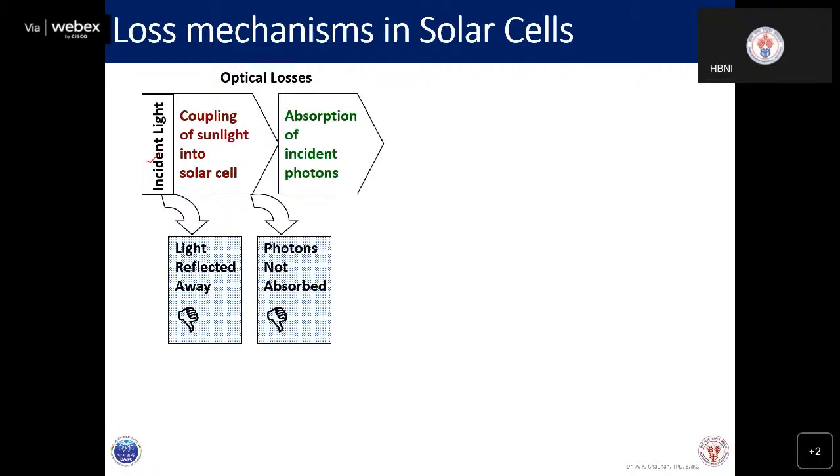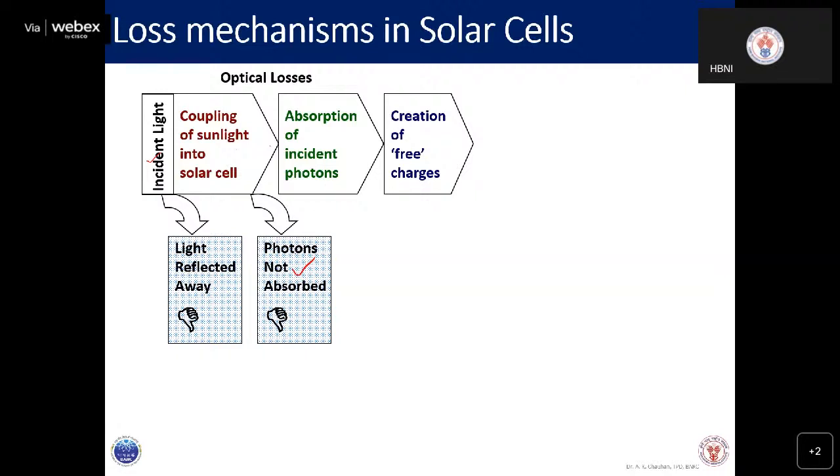Then if it is not reflected, it can go into the material, but it can pass through it. Though it has not been reflected, the photon has not been absorbed, that is also a loss. So both of these come under optical losses.